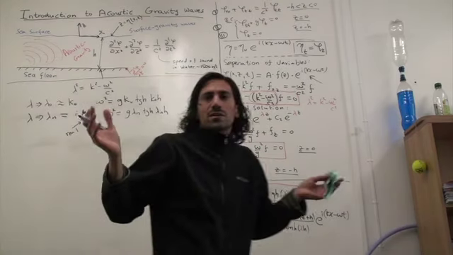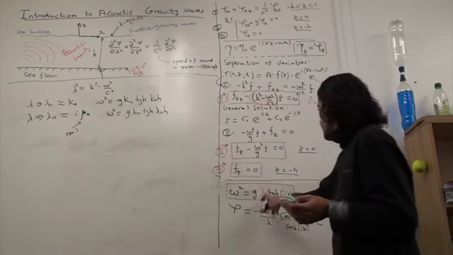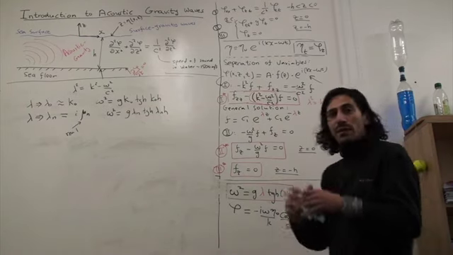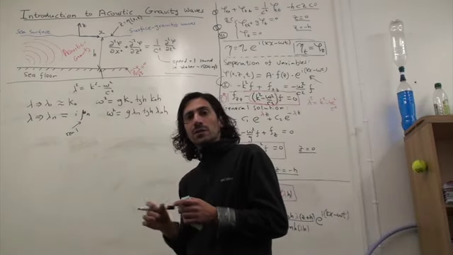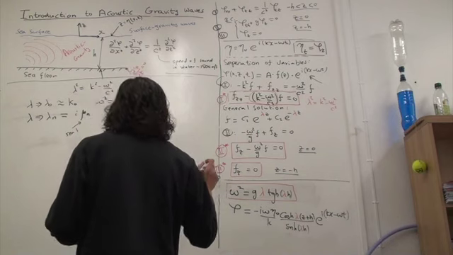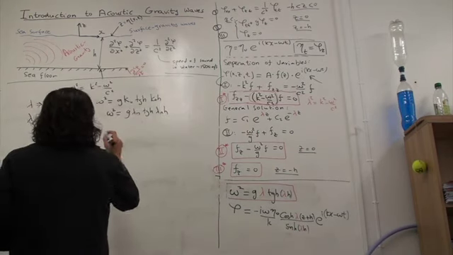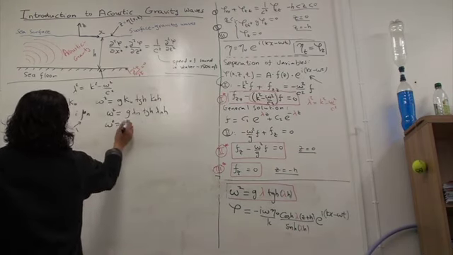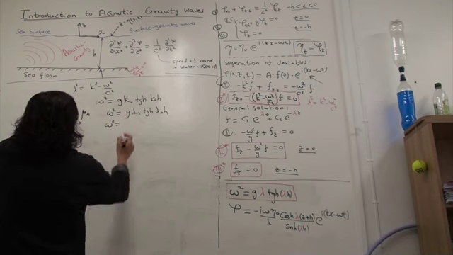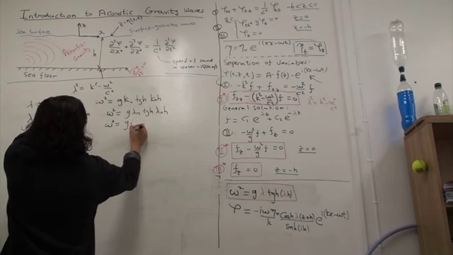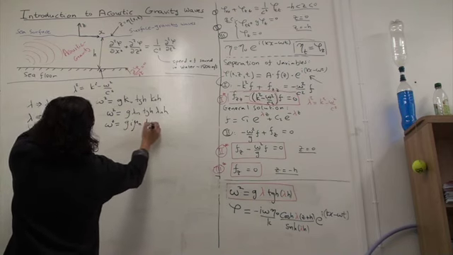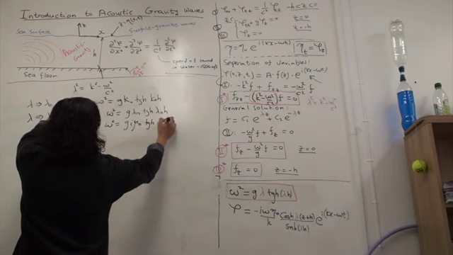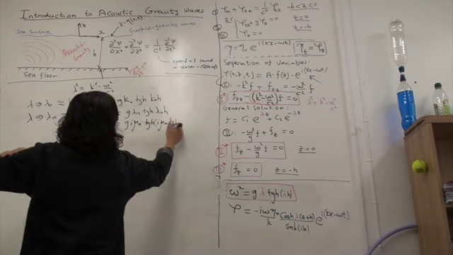So this is the general solution. Actually, I could also have written that here because we have many modes now that solve the dispersion relation, not only one mode. So omega squared is i g mu n hyperbolic tangent i mu n h.